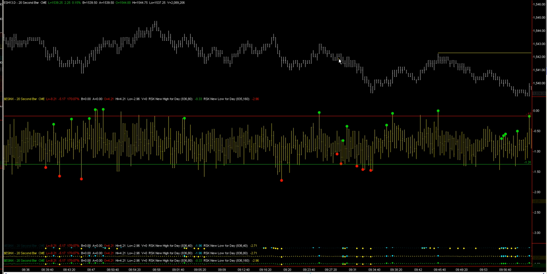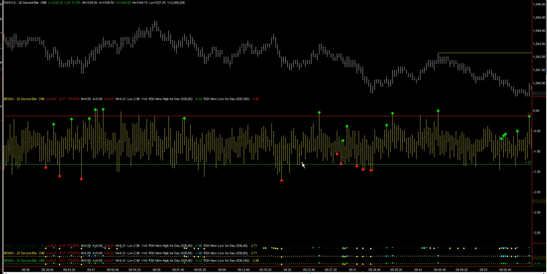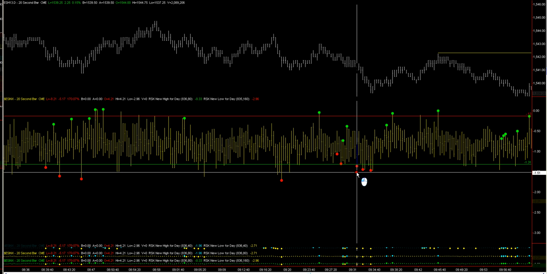So had you been in here, you would have had to be very, very aware of what's happening to the premium here in order to get yourself out of this situation before you get stopped out. And when the premium, okay, let's just look at these bars in here. When the premium started to drop below this level, that's a big heads up.